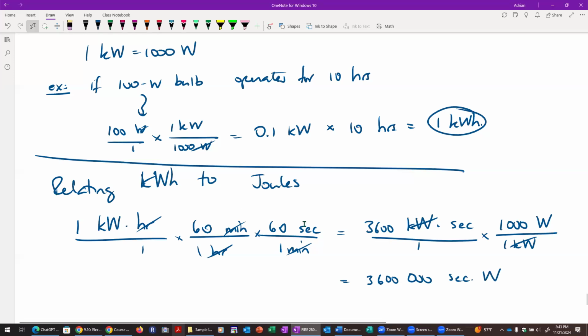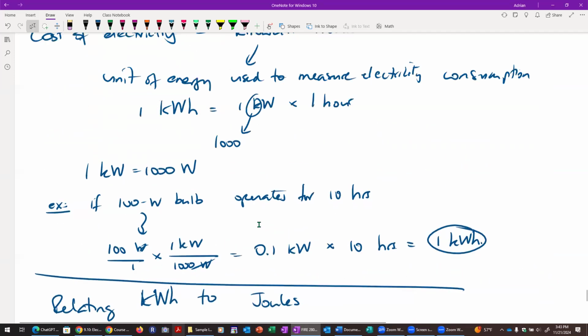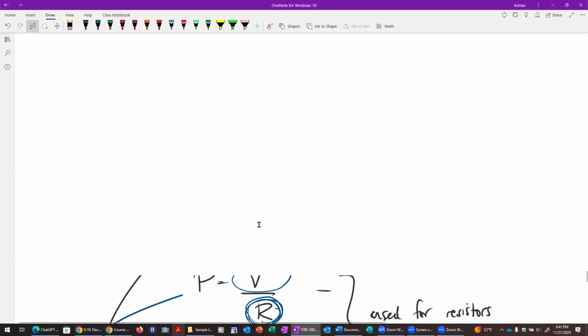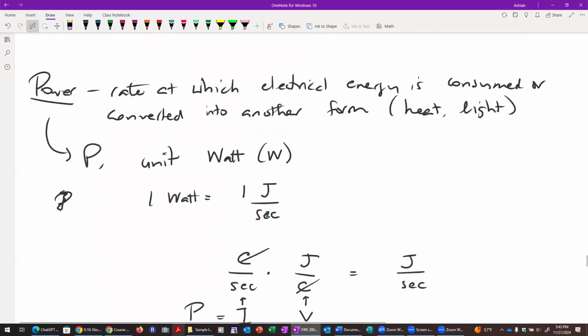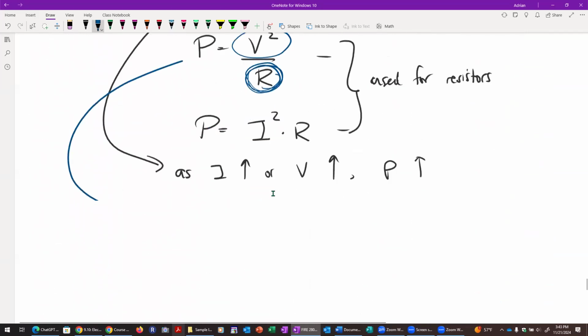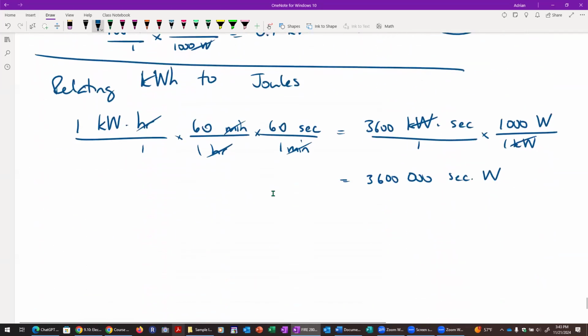All right, and then we also know from up here that power, P in watts, is a joule. 1 watt is 1 joule per second. So if I substitute that into my expression over here, recall 1 watt is 1 joule per second.